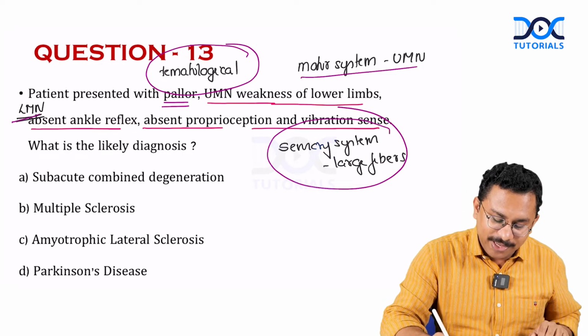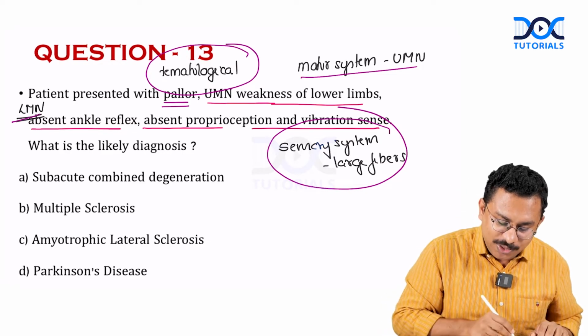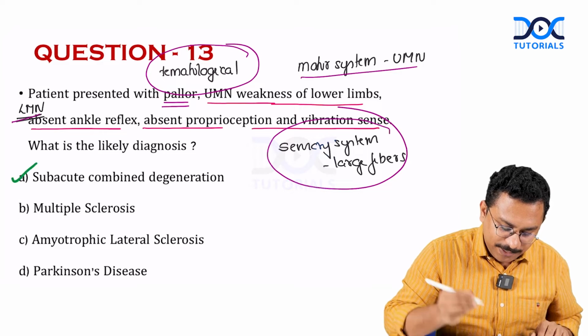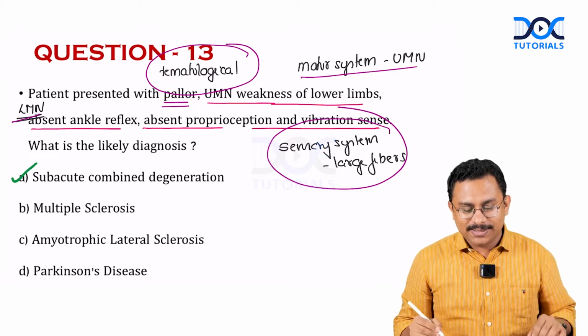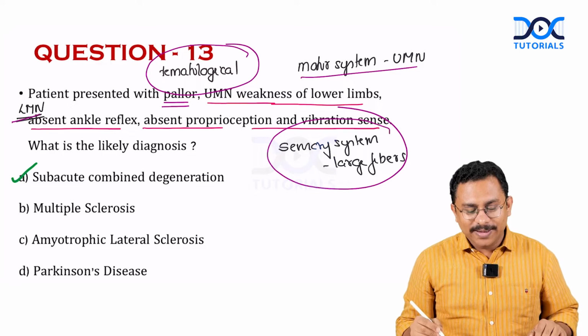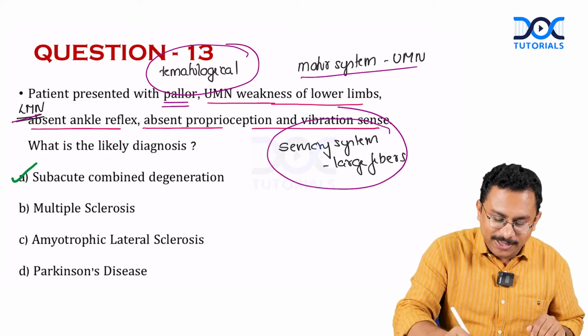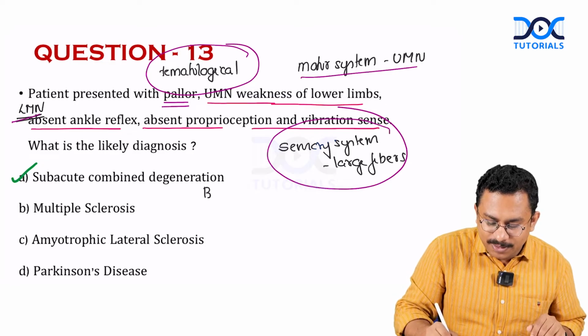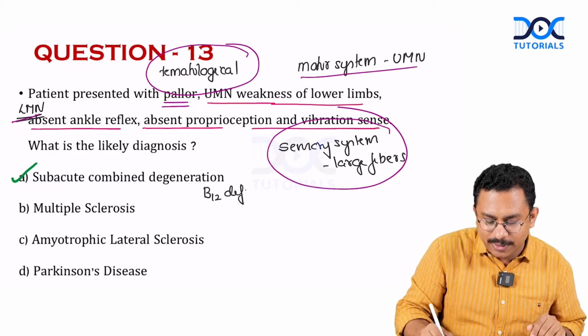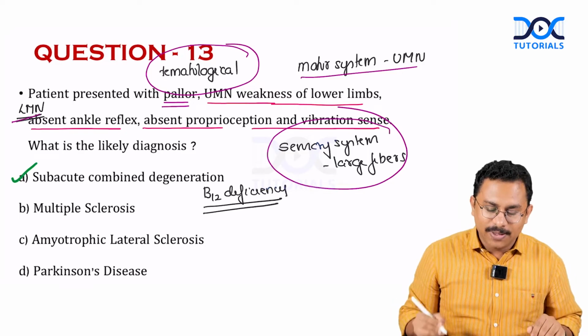This is the manifestation of subacute combined degeneration, wherein the patient can have a vitamin B12 deficiency, and vitamin B12 deficiency can lead on to anemia.